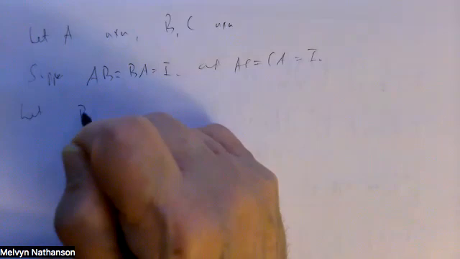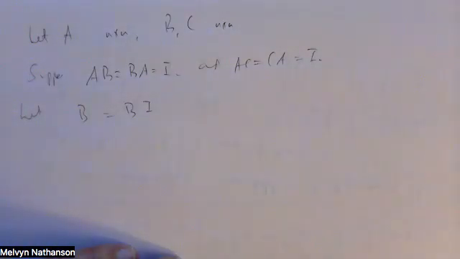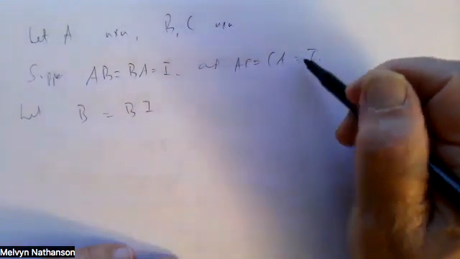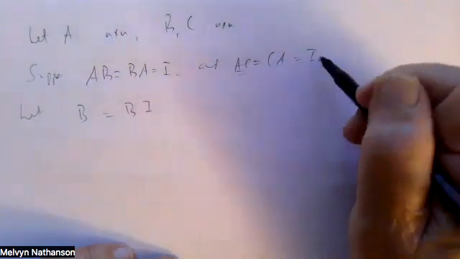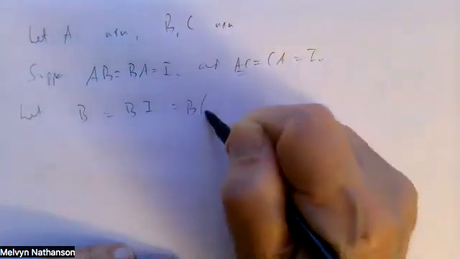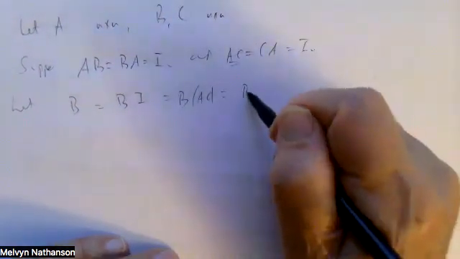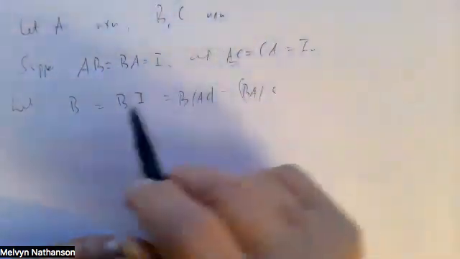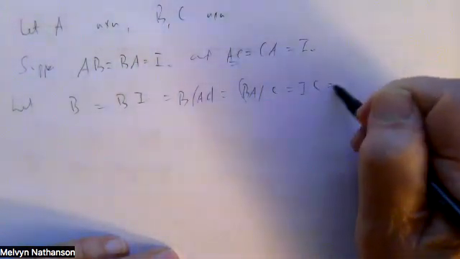Then what can I say about B? B is B times the identity. I can write the identity as A times C. By associativity, this is BA times C. BA is the identity, so this is the identity times C, which is C.